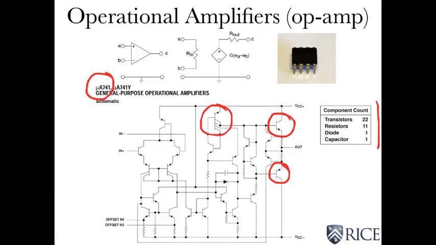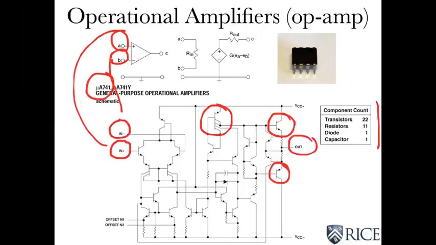And let's go through what the inputs are. So IN plus, that's node A in my diagram. IN minus is of course node B. Here's the output, which is node C. And these are offsets, which are additional inputs, which we're not going to talk about here, that have to do with detailed functioning of the op-amp.